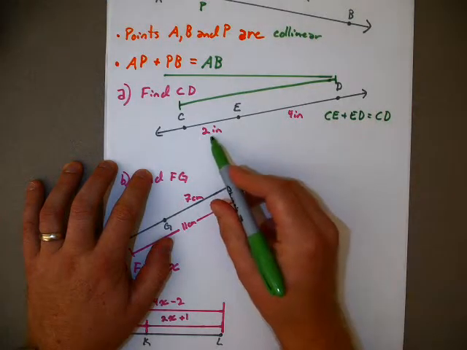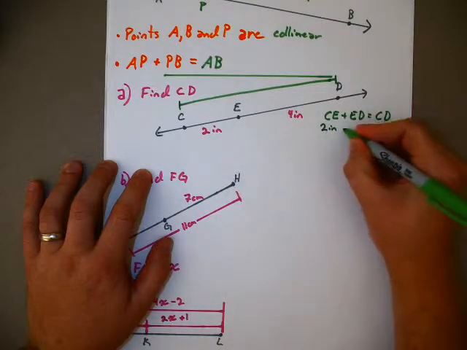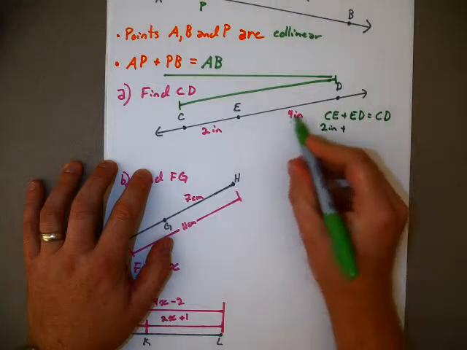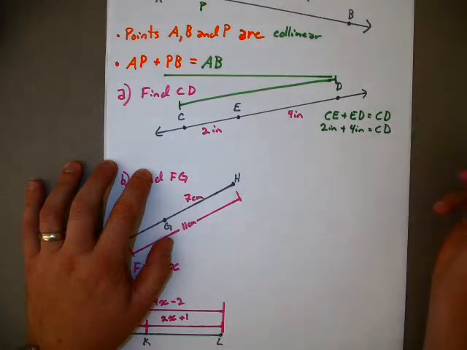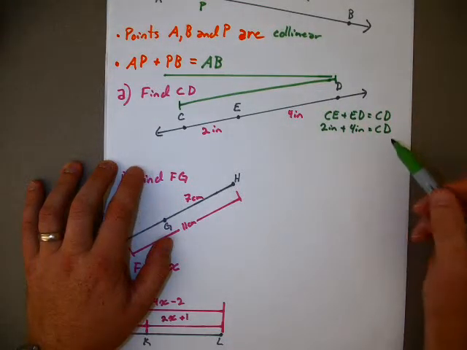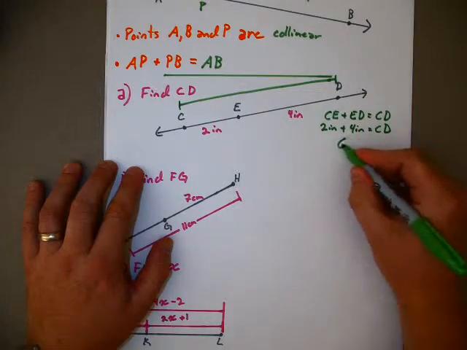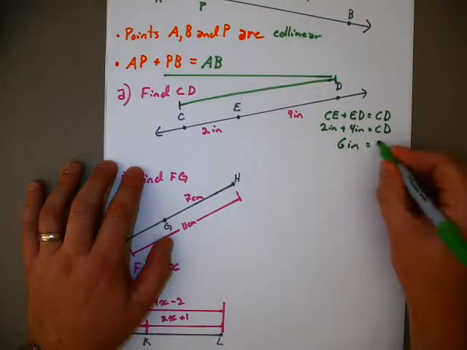The measurement of CE is 2 inches, and the measurement of ED is 4 inches. That equals CD, so of course the measurement of CD is going to be 6 inches.